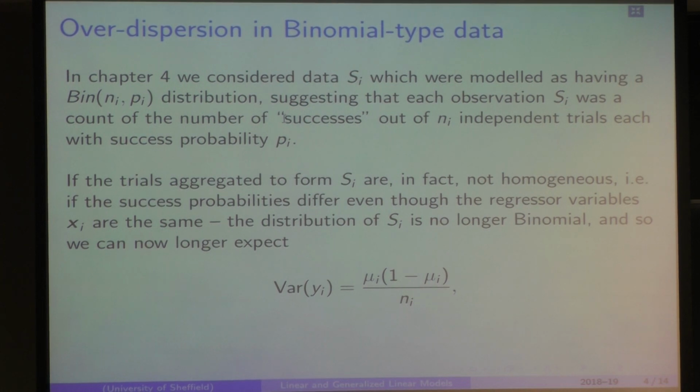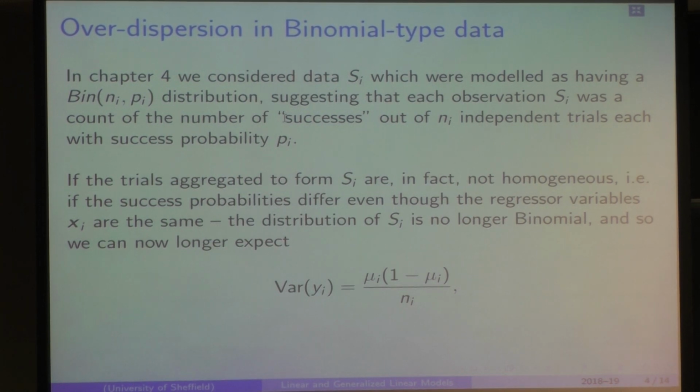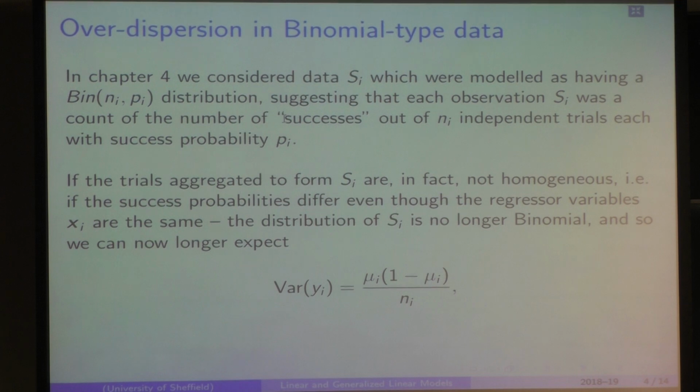So one possibility is that the success probabilities are not in fact the same in each trial that's in the same group. Okay, so because they're in the same group, they'll have the same regressor variables, but there might be something else about the individual trials, which means that the success probabilities aren't constant. So, for example, in these beetle data sets, we're going to see another beetle data set in a minute, the underlying health of the beetles before they were put into the trial might affect how likely they were to be killed in the toxicity test.